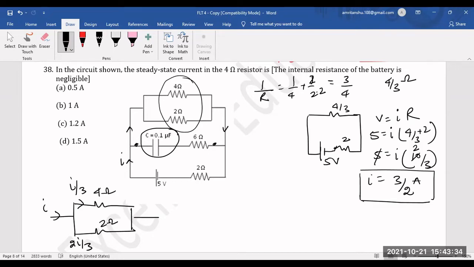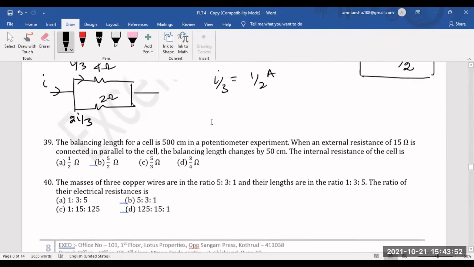So I know if I just simply make it I by 3, I'll get the current in the 4 ohm resistor. So in this, I by 3 current will enter, and I by 3 current is 1 by 2 amperes. This is 0.5 amperes. Moving on to question number 39.